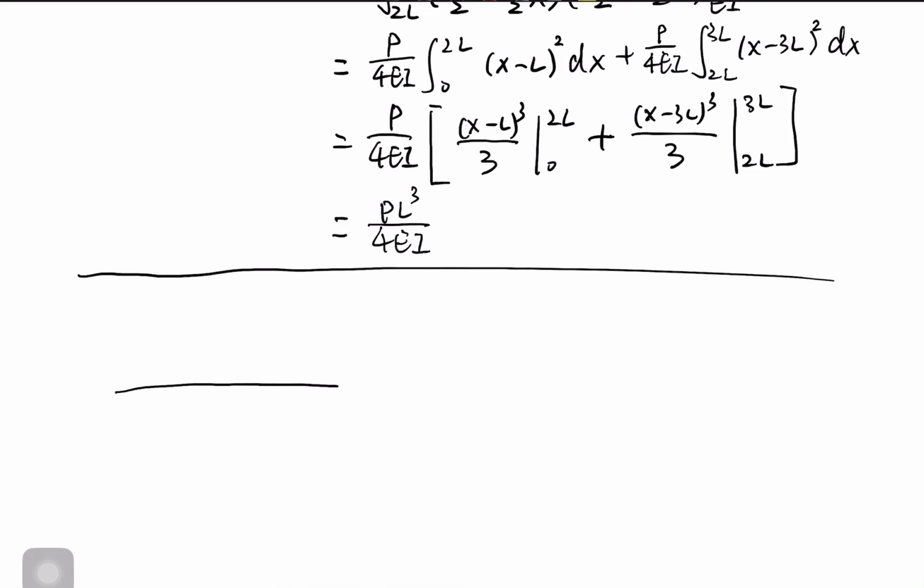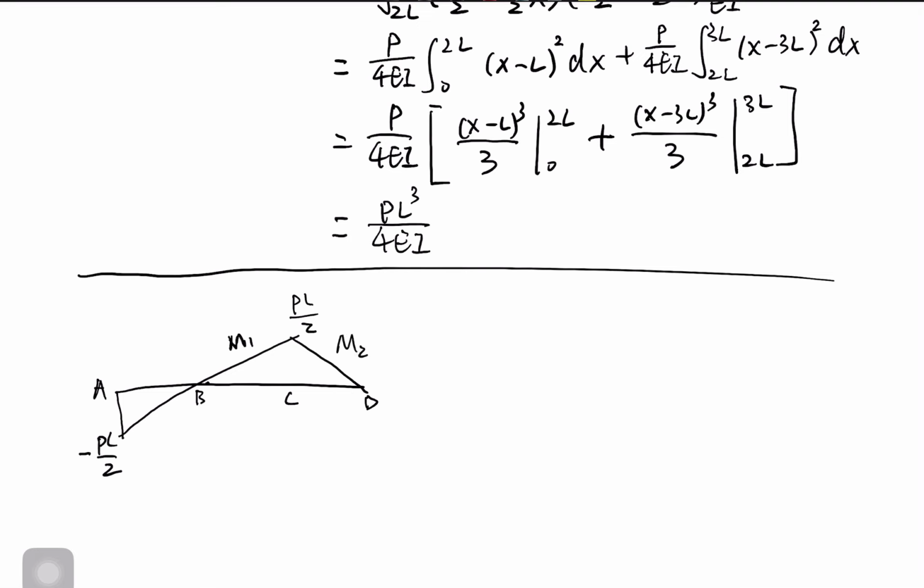If I draw the bending moment diagram, the peak value is P over 2, with points A, B, C, D. Now I would like to build a different coordinate system to help simplify the procedure for the Castigliano theorem, because I need to know the functions for M1 and M2.